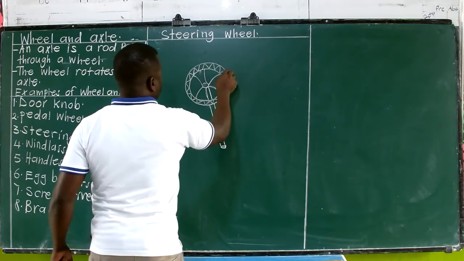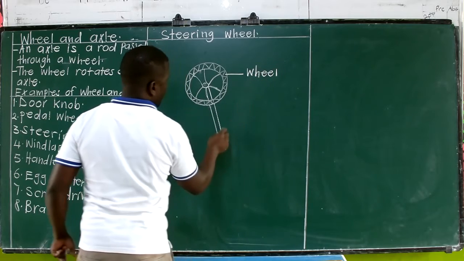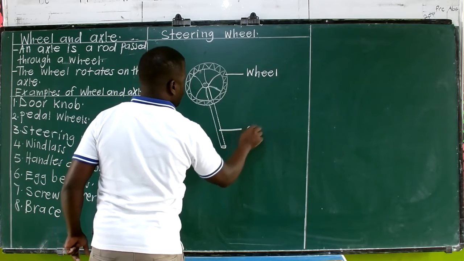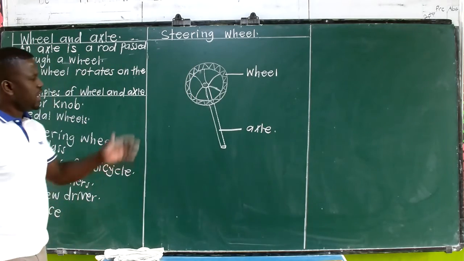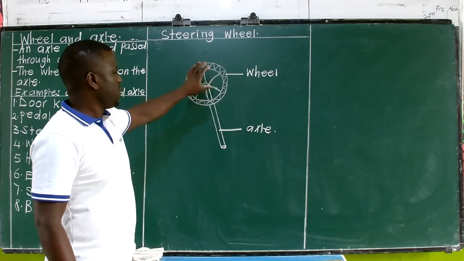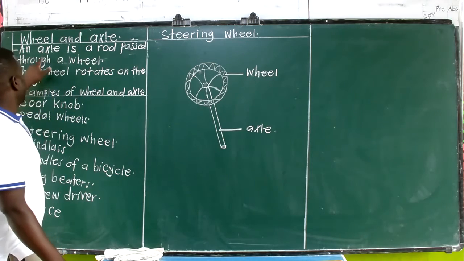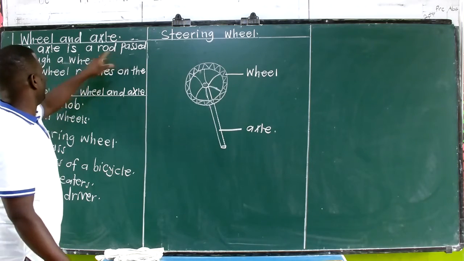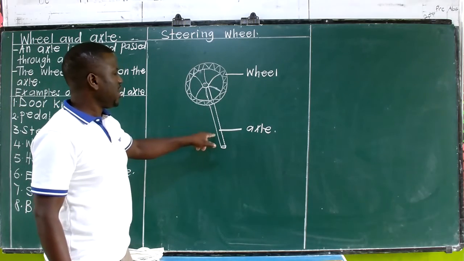So this one is a wheel. Then this one is called the axle. That's why it's called a wheel and axle. This is the wheel, this is the axle. That's why we say an axle is a rod passed through a wheel.